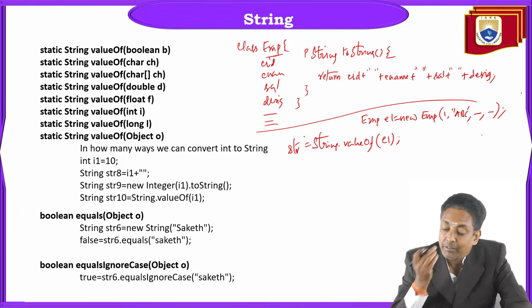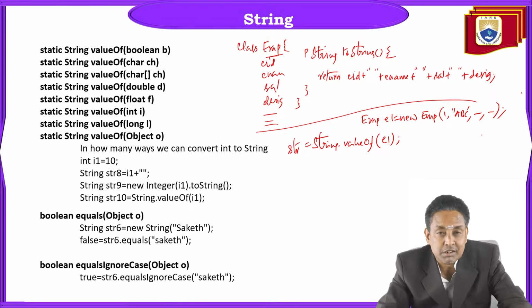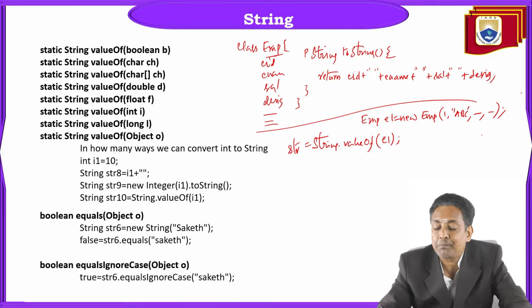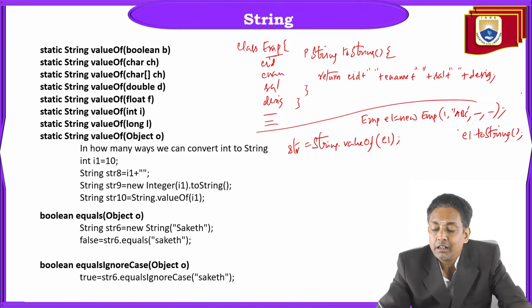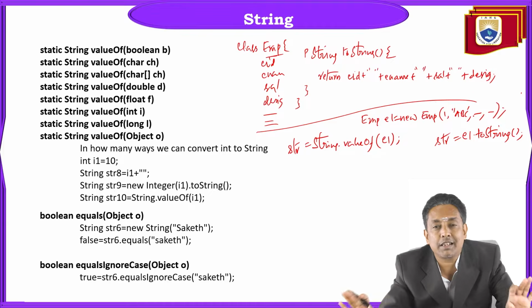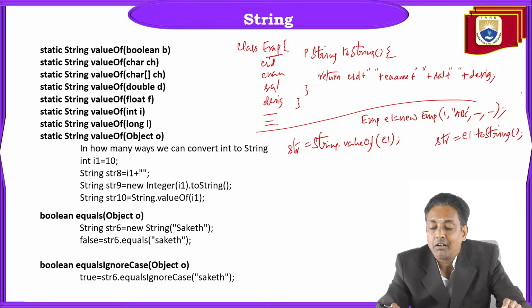To convert an employee object into a string, we need not use the String.valueOf method. Already the Employee class has one overridden method named toString. If you call that, you will directly get a string object. Every class contains a toString method. On the class object, if you call toString, you will get a string form of the object.